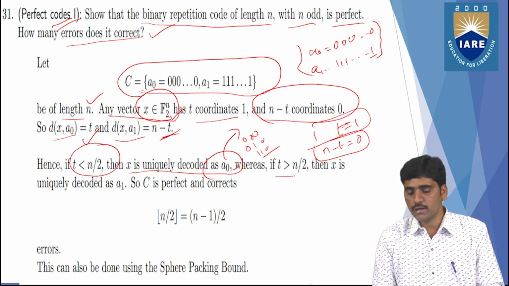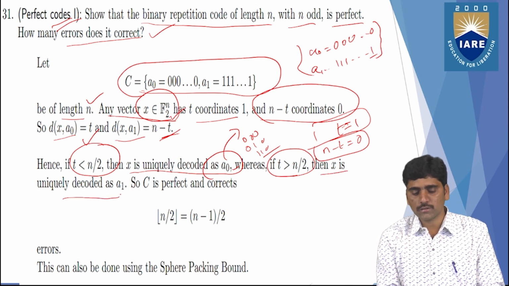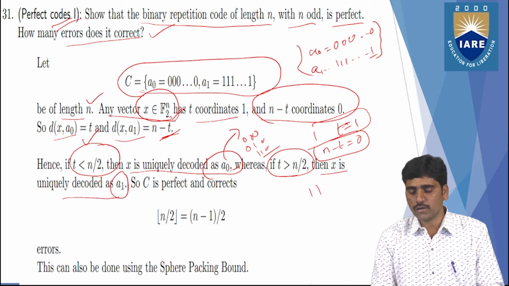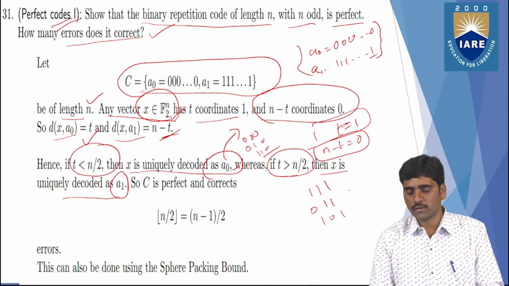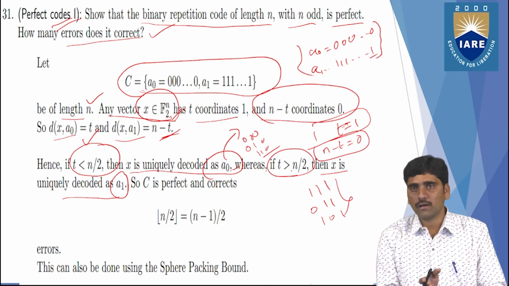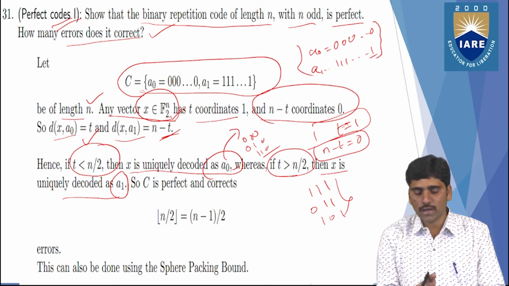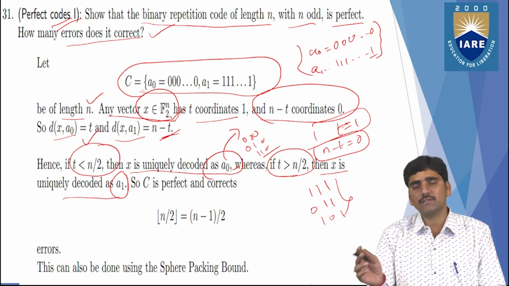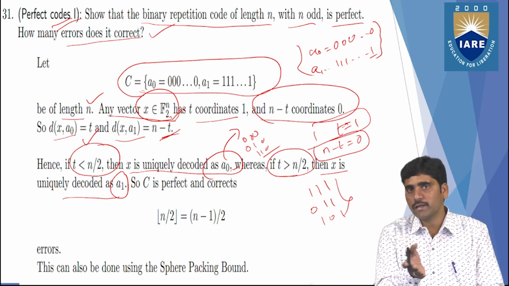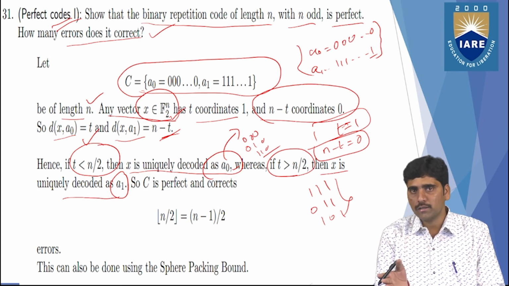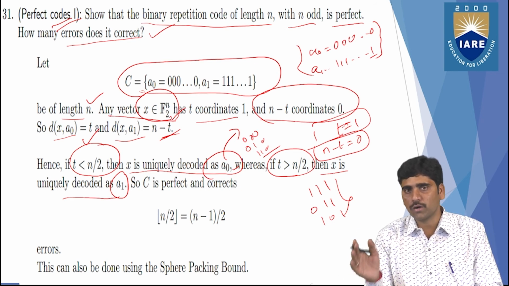Whereas if t is greater than n by 2, then x is uniquely decoded as a1. That means the ending of the number is 1, so 011 or 101 and so on. If it is greater than n by 2, x is decoded as a1. If it is less than n by 2, it is decoded as a0. So a0 is nothing but the ending number being 0, and a1 is the ending number being 1.